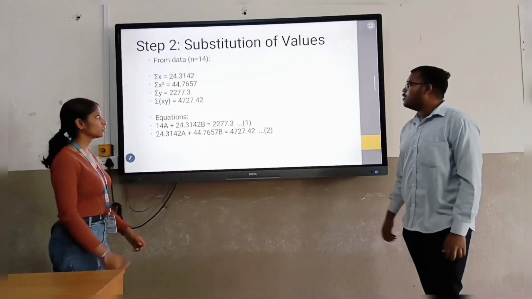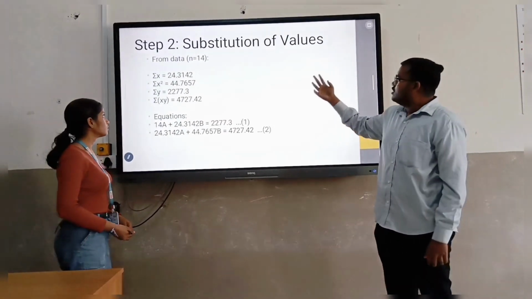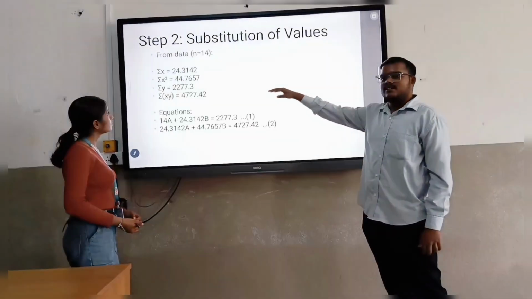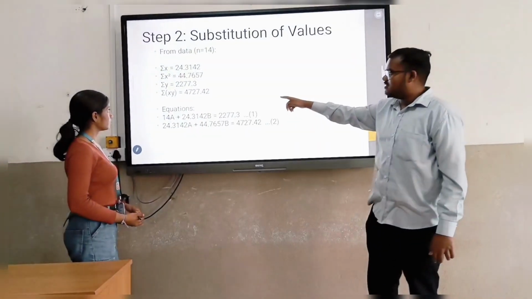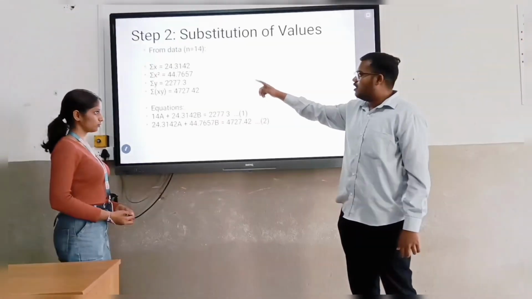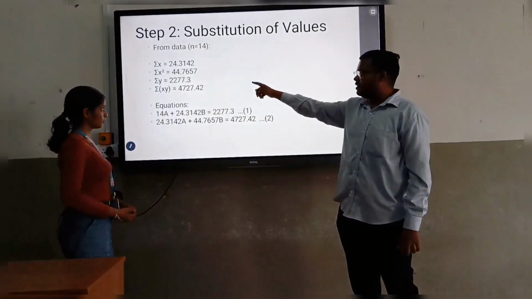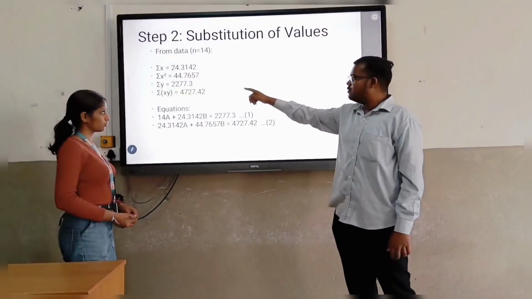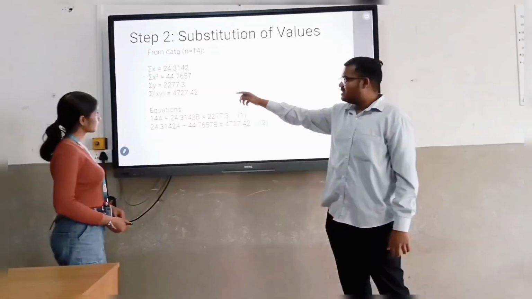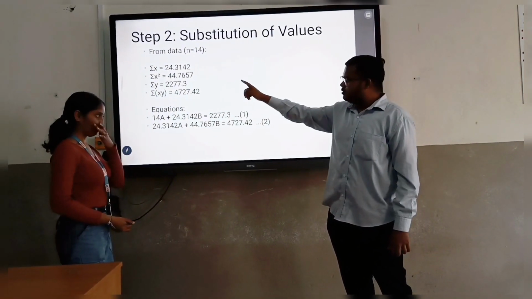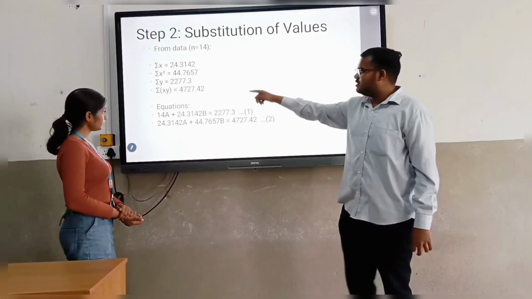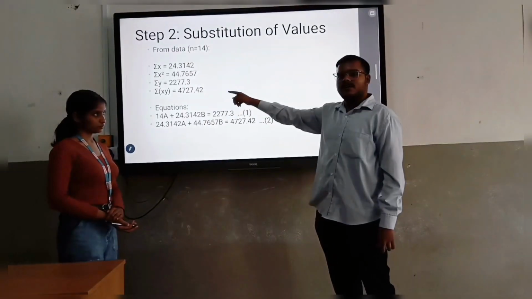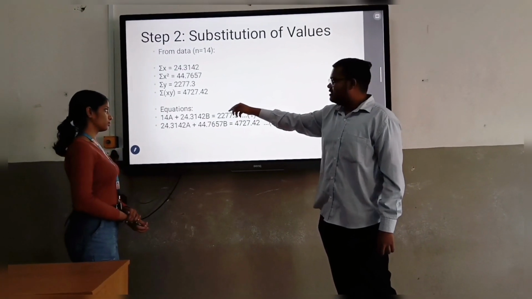Okay, so step 2: we have to substitute our values. We know from the data that the number of entries is 14, the summation of x, that is the summation of e raised to t, is 24.31, the summation of x squared is 44.76, the summation of y is 2277.3, and the summation of x into y is 4727.42.